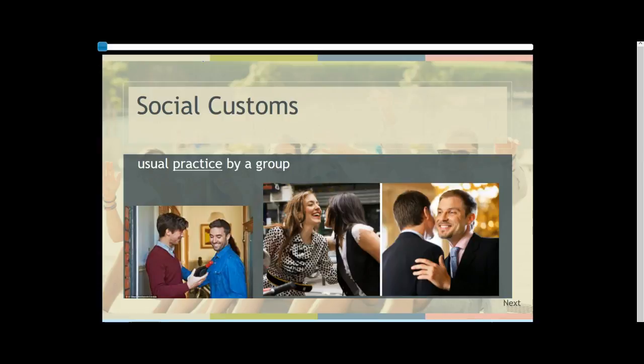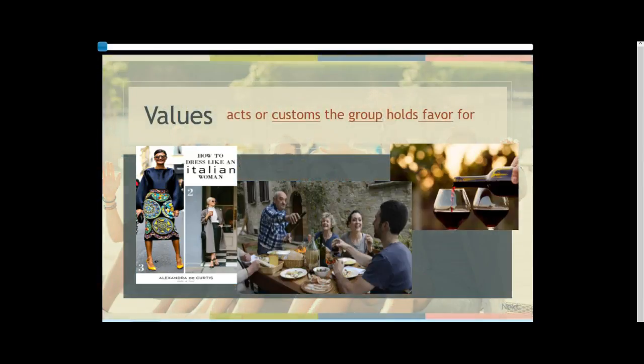And next are your values. These are acts or customs the group holds favor for. So for the Italian culture, they love their fashion, their wine, and they love to spend a lot of family time together. That is their values. Those are their customs. You'll see that across the board in Italy. I really like the family aspect of it.